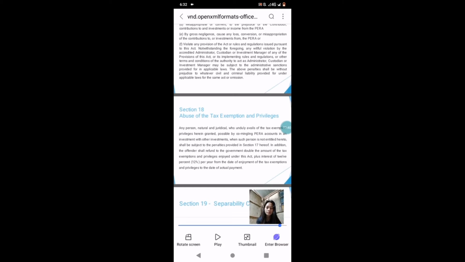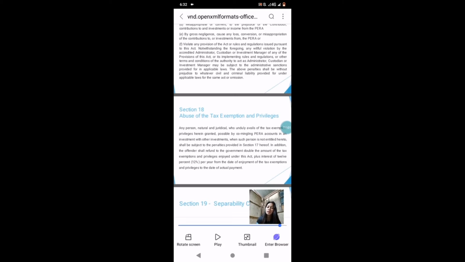In addition, the offender shall refund to the government double the amount of the tax exemptions and privileges enjoyed under this Act, plus interest of 12% per year from the date of enjoyment of the tax exemptions and privileges to the date of actual payment.